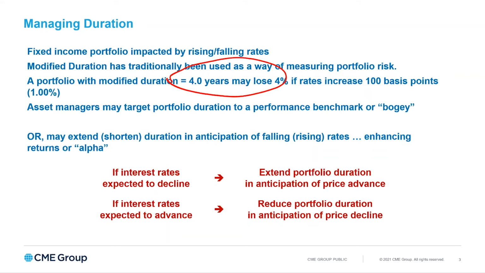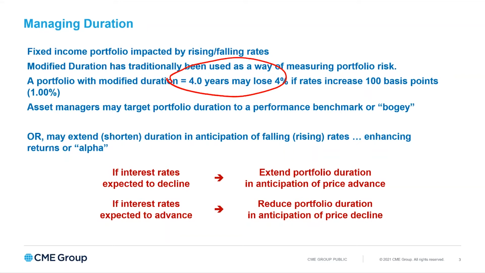Why is this important to risk managers in particular? Well, because in various market conditions, if you're managing money over a long period of time, there could be market conditions where you want to either extend or reduce your duration depending on your outlook for forward rates.